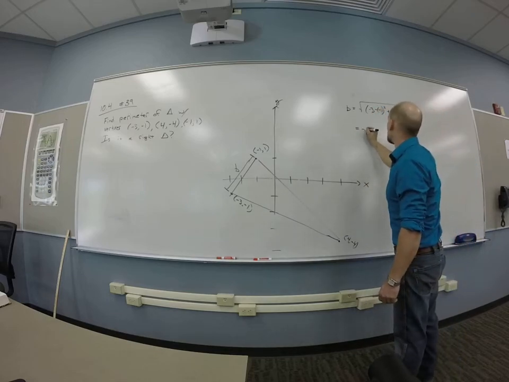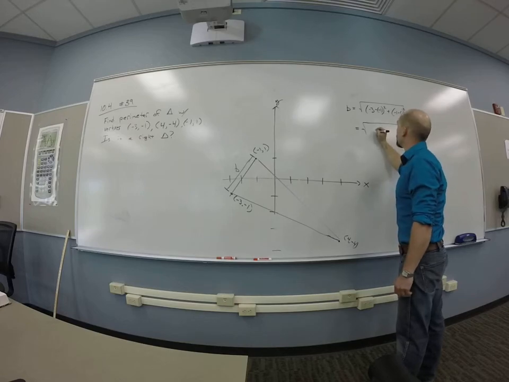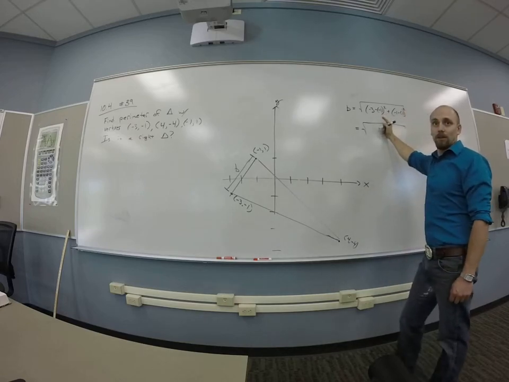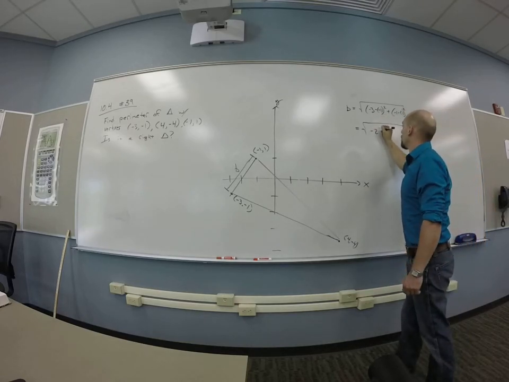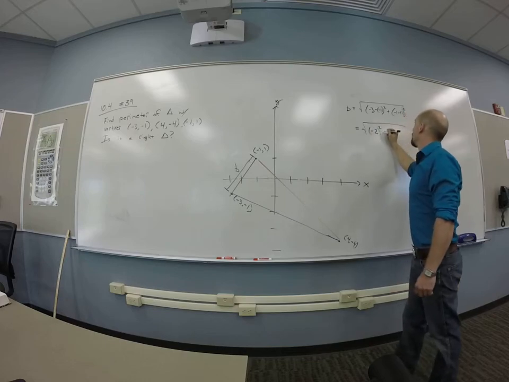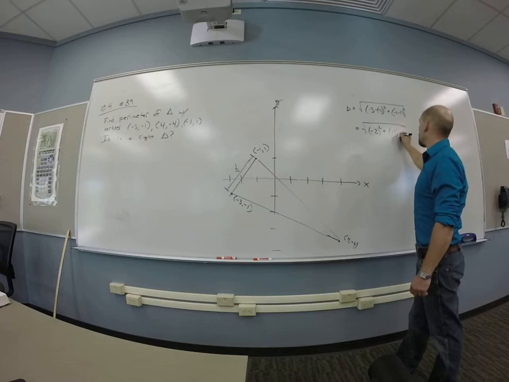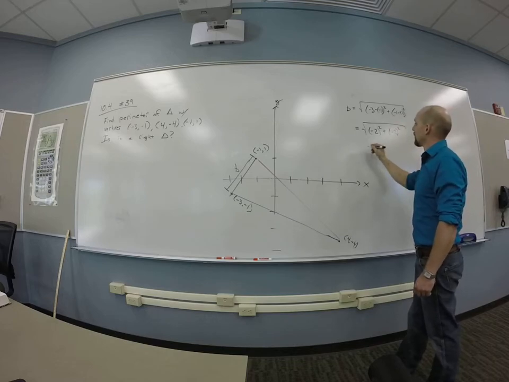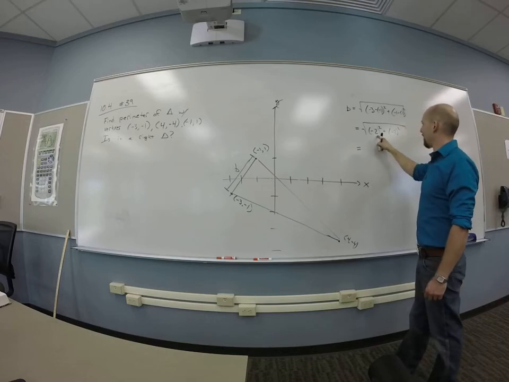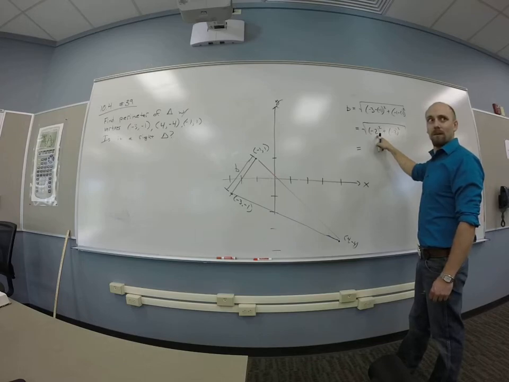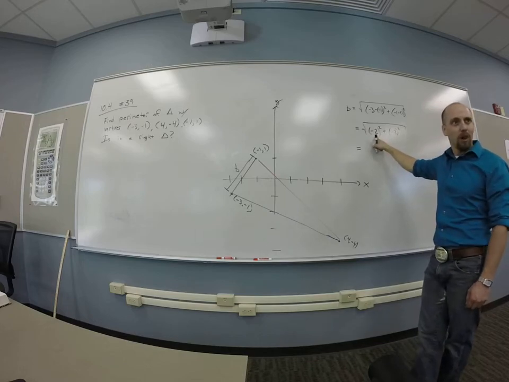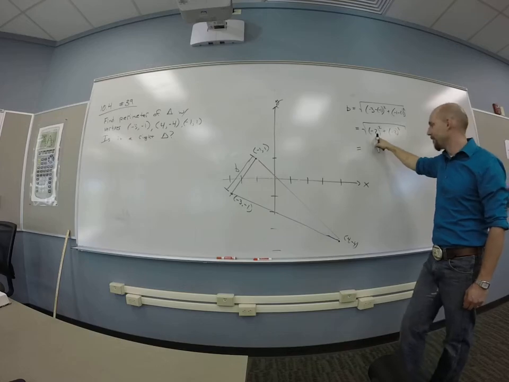All right, so let's see. I've got the square root of, what's this stuff? Negative 2 squared plus, what's this stuff? Negative 2 squared. So I get 4 plus 4. Why don't you get minus 4? Because negative 2 times negative 2 is positive 4. Good.